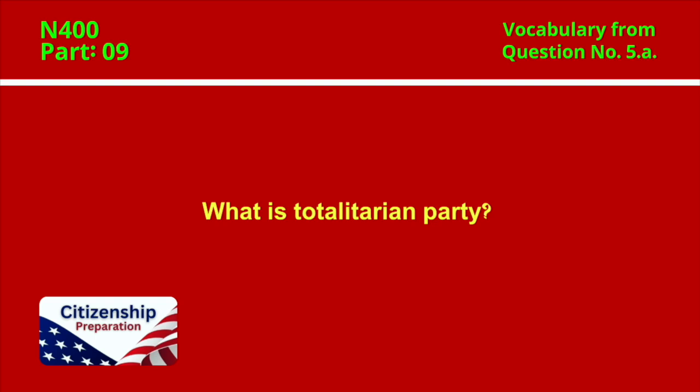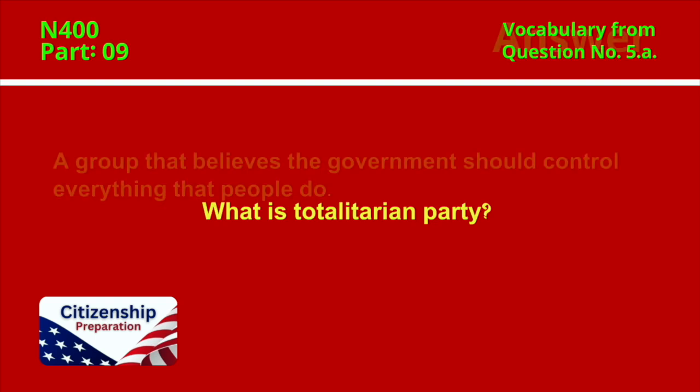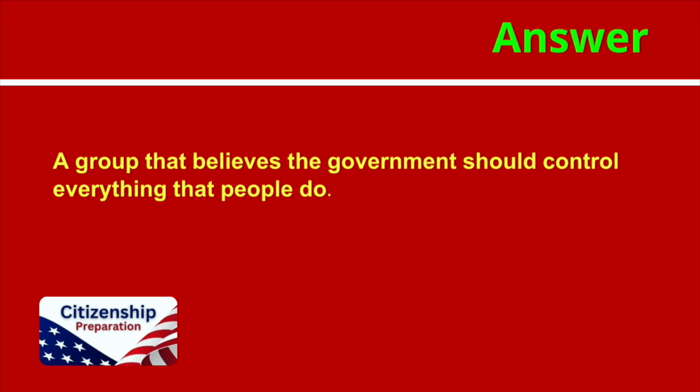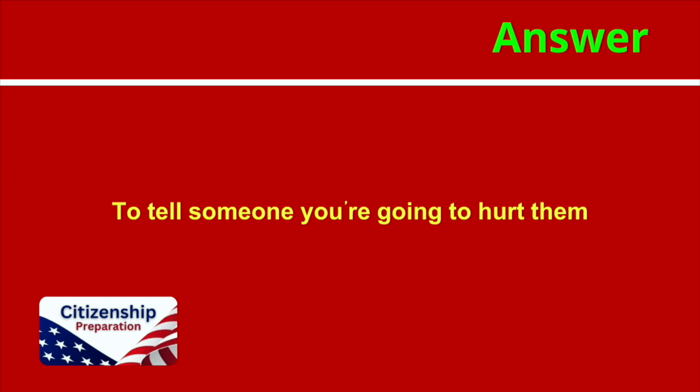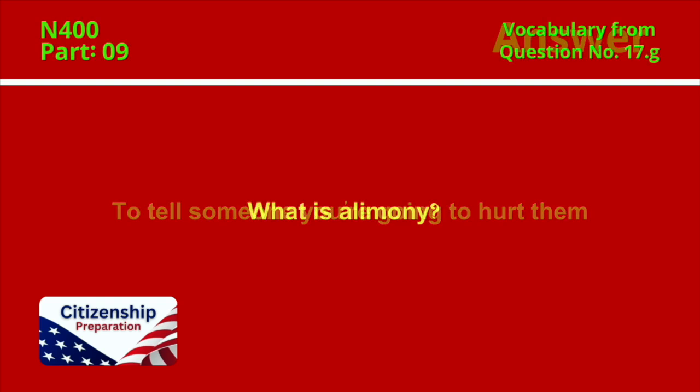What is totalitarian party? A group that believes the government should control everything that people do. Do you understand the meaning of threaten? To tell someone you're going to hurt them. What is alimony?